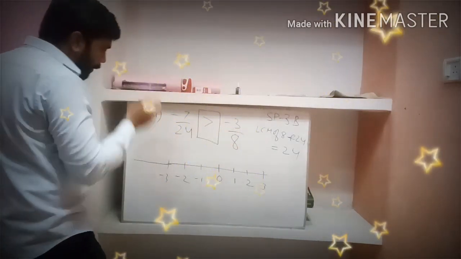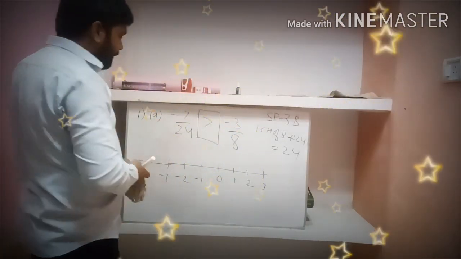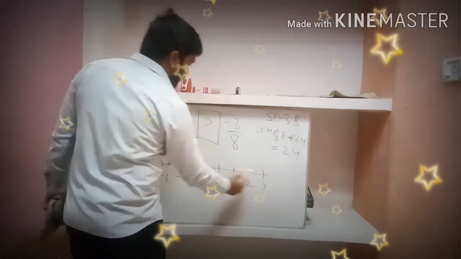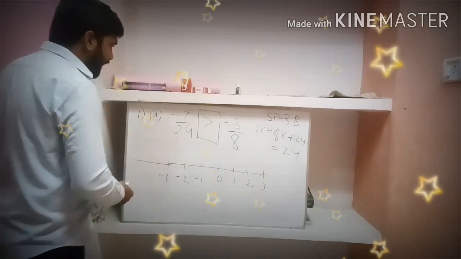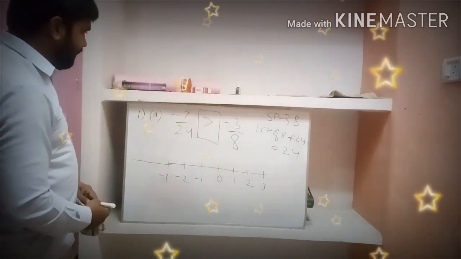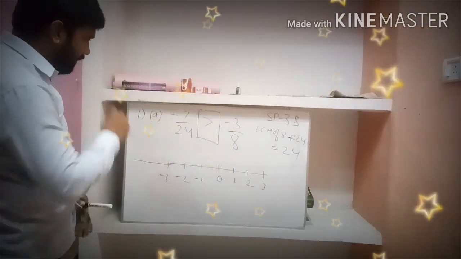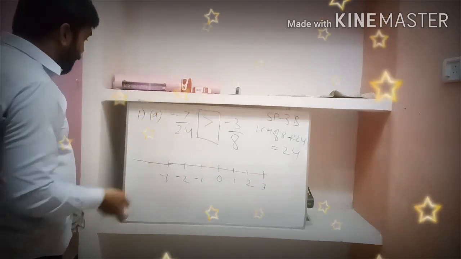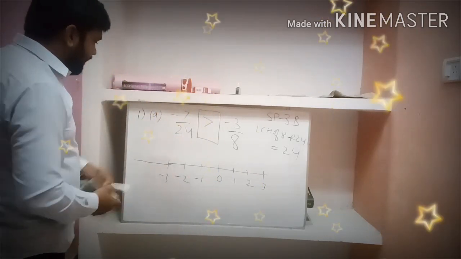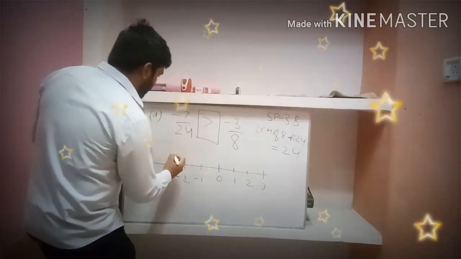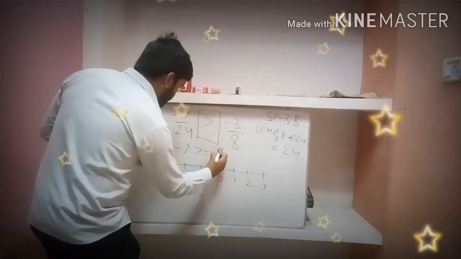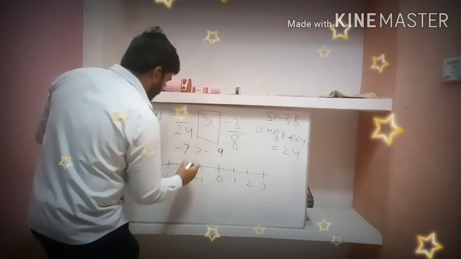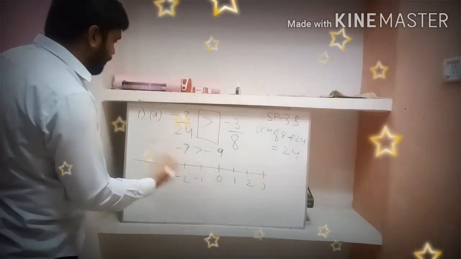So what you find? Whenever you move on the number line from left to right the number is increasing. Here we have the number minus 7 and the number minus 9. So similarly here you can see what I told you, that minus 7 is greater than minus 9, because minus 7 is found on the right of minus 9.